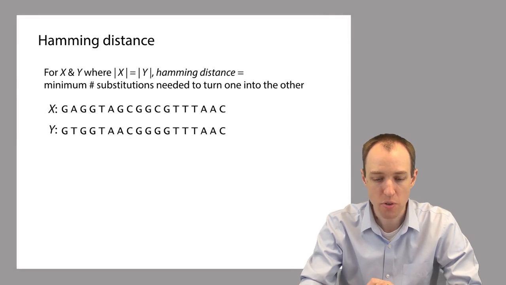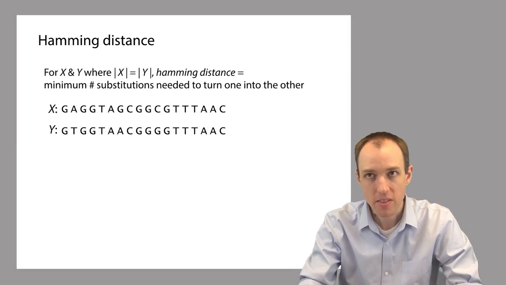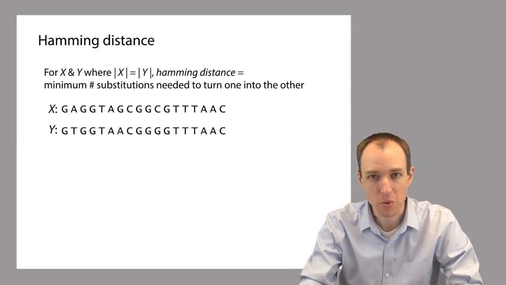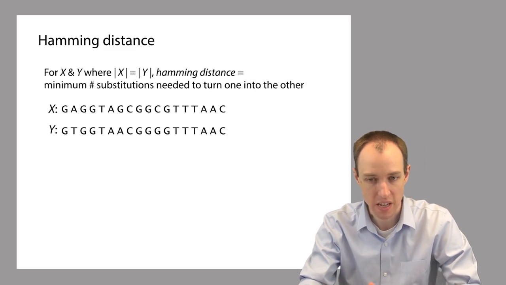We want to be able to talk about the distance between two strings. In other words, we want to be able to describe how different they are, how many differences there are. But we have to define exactly what we mean by distance. So the first kind of distance we'll define is called Hamming distance. If you have two strings, x and y, that are of the same length, we can define the Hamming distance between x and y as the minimal number of substitutions we need to make to turn one of the strings into the other.